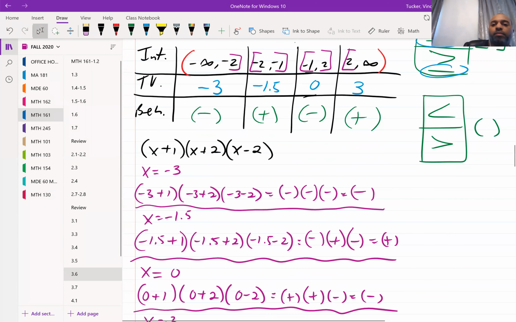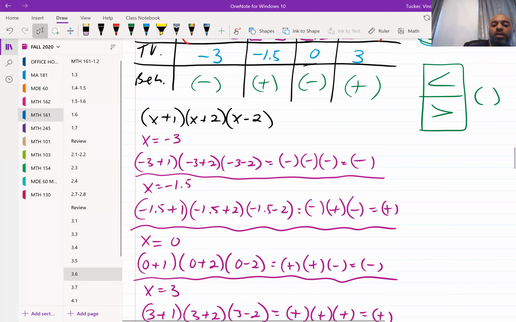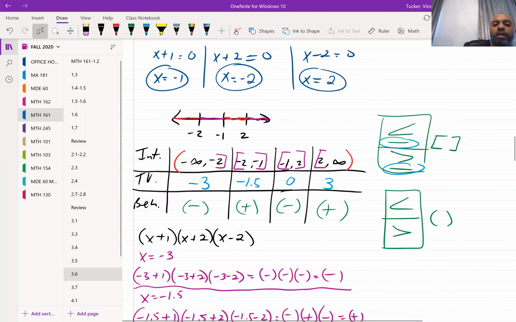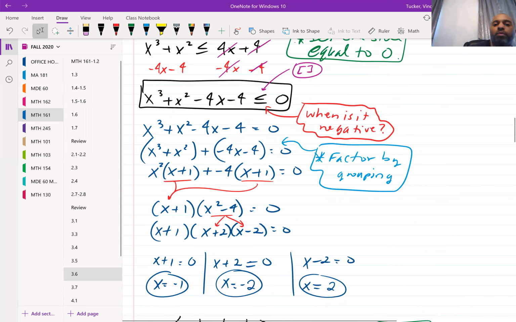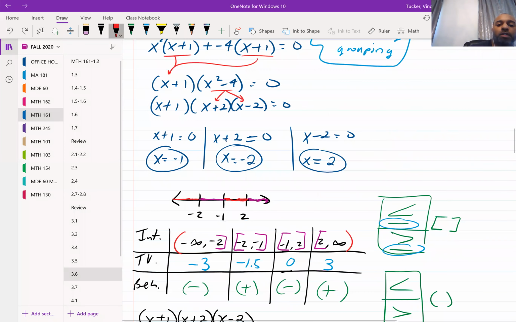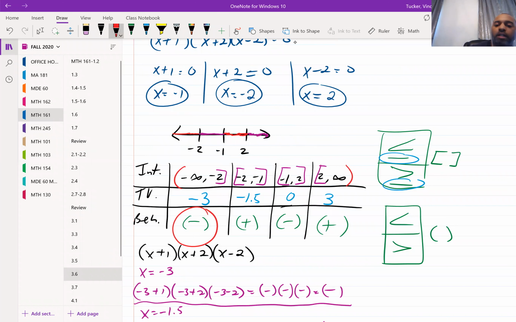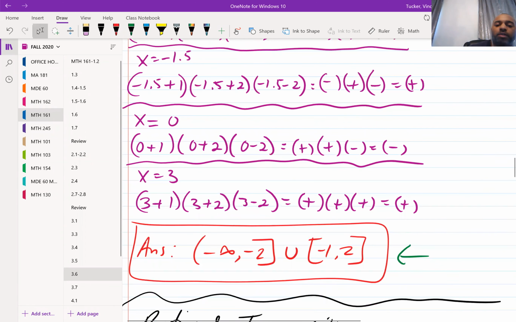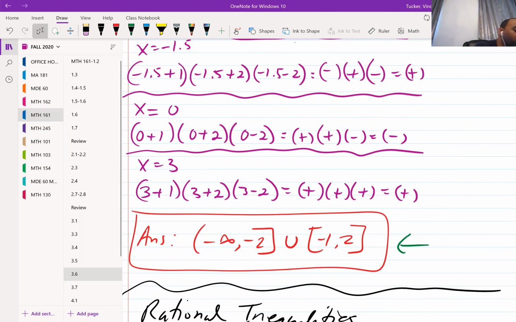All right. So finish it off. How do we know which one's our answer? We want less than. We want to know when is our graph negative. So we go to our chart and we see we got negative here. Not there. And negative right here. So those two intervals are our answer.